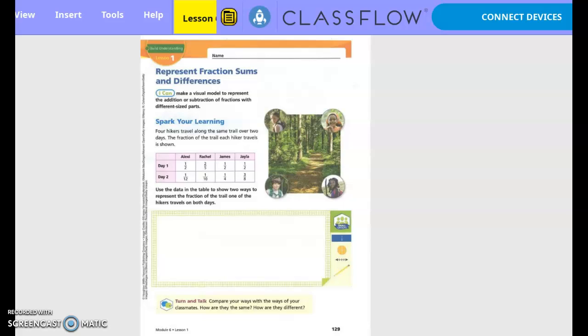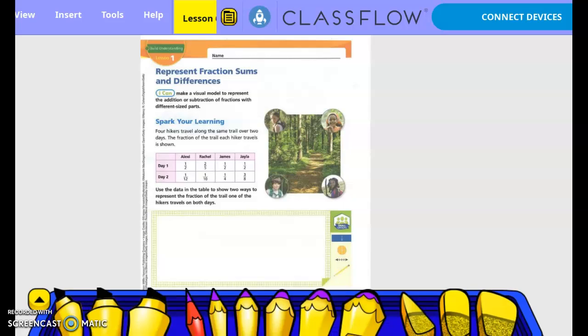So let's do James. If we're going to represent him, he needs a fraction bar. So 1 whole fraction bar would represent 1 whole mile, right? Let me make this a little bigger.